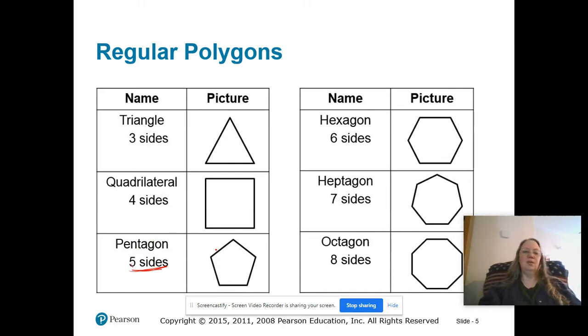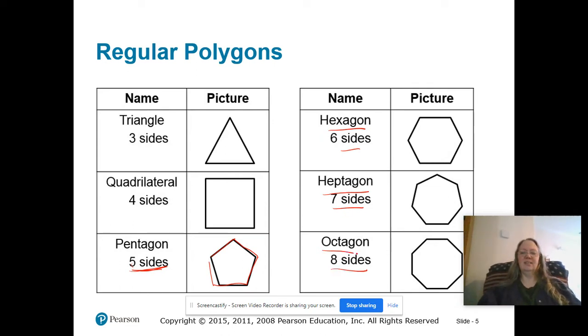A 5-sided polygon is called a pentagon. The most famous is in Washington, D.C. And 6 sides, we call that a hexagon. 7 sides is a heptagon. To be perfectly honest, I don't know of anything that would have 7 sides, but we have a name for it. It's called a heptagon.